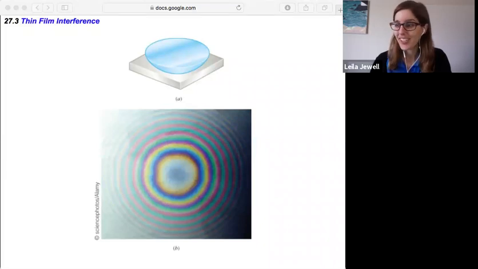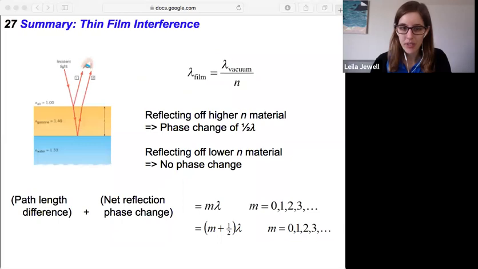It's a real effect. So in summary, remember the wavelength of light in a film is different than in a vacuum or in air. You have to divide by n, that refractive index. We also have this reflection phase change, which, if you're reflecting off of a higher n material, the phase change is half a wavelength in the film.